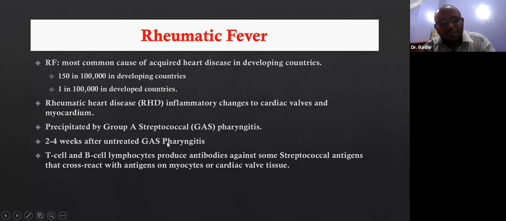To group A streptococcal pharyngitis, the body will cross-react and form antigen antibody complex, which leads to changes in the heart valve. T cell and B cell lymphocytes produce antibody against some streptococcal antigen that cross-reacts with the antigen on myocyte or cardiac valve tissue.